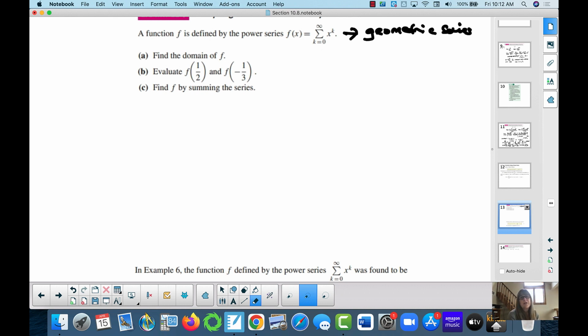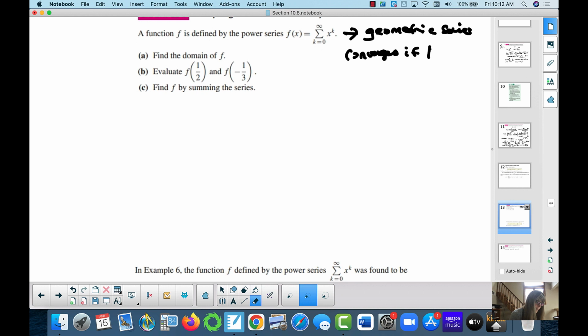We know that geometric series converge if the absolute value of r is less than 1. So for our interval of convergence, x would be r in this case.